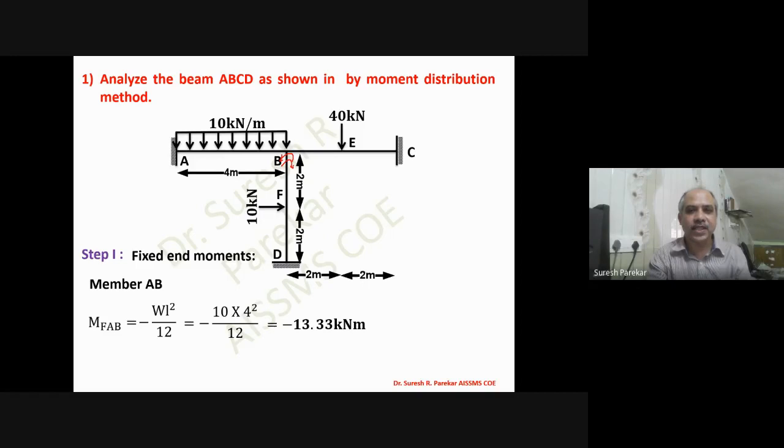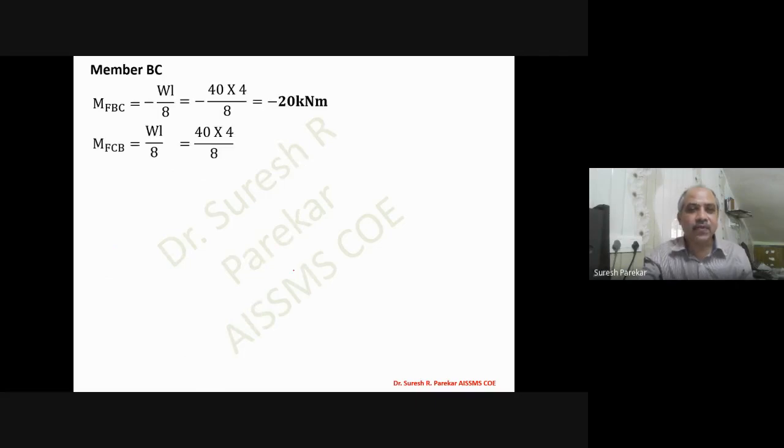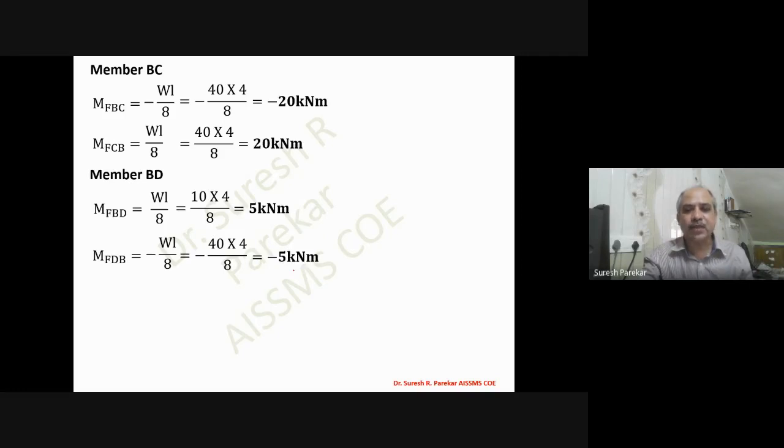In the reverse way for DB, we get a clockwise moment due to load, and therefore the fixed end moment becomes anti-clockwise for DB. So I have DB negative. So BD is plus, and DB is minus 5 kilonewton meter. This is most important: we have to see whether the loading gives clockwise or anti-clockwise, and then go in the opposite sense for the fixed end moment, because this is the resisting moment developed.